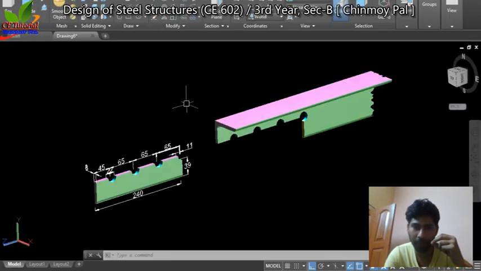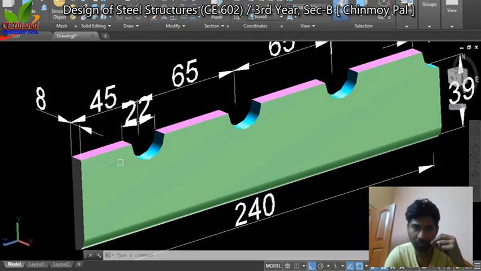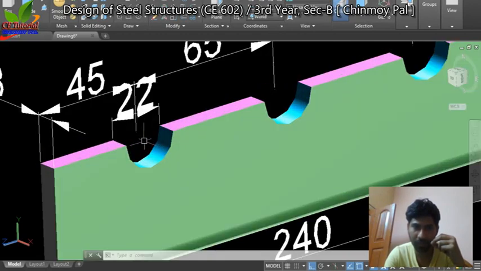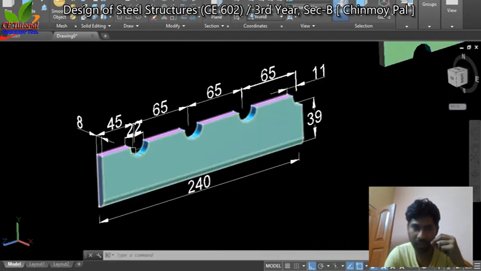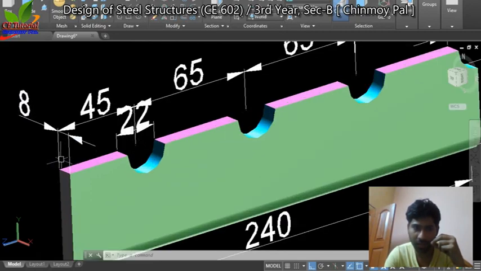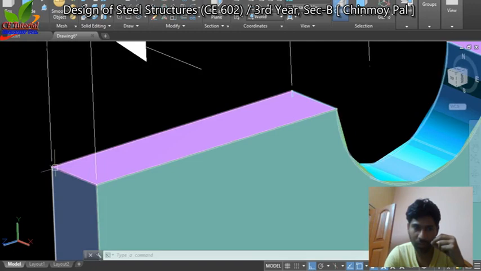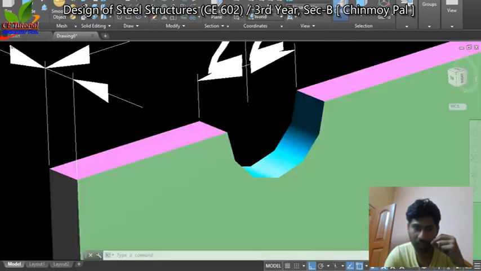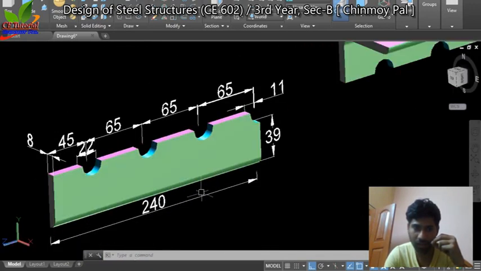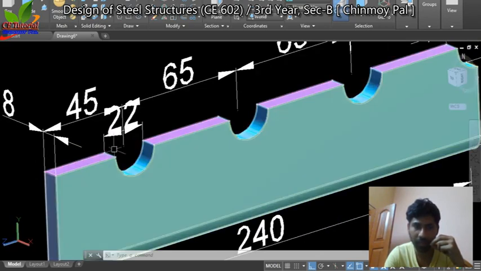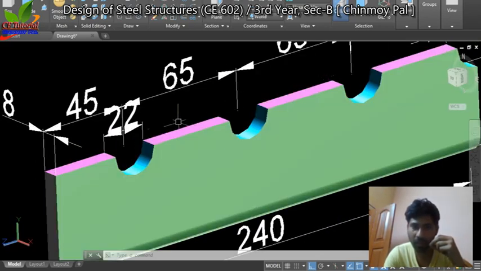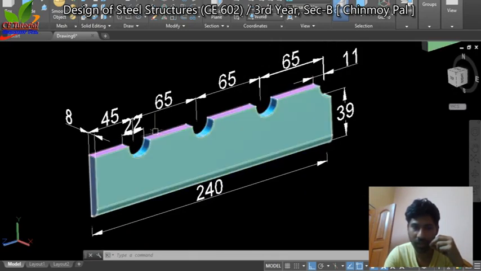Suppose, try to understand this figure. Net section means this thickness into this length, total length into thickness is that net section. So for this case, net section will be 240 into 8. This is the net section, and this is the gross section.